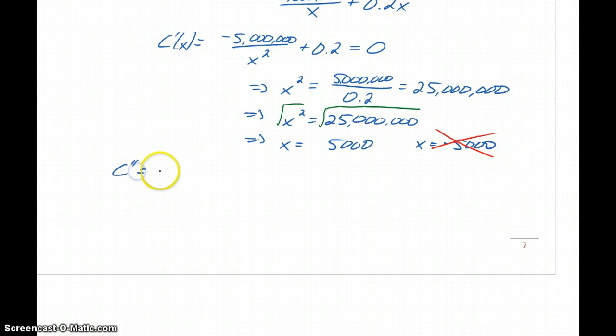We'll take the second derivative, which will be 10 million over x cubed. And we'll evaluate that at positive 5,000. Negative 5,000 is what we threw out.